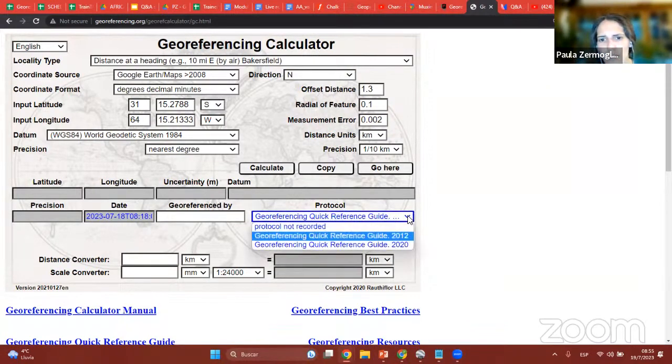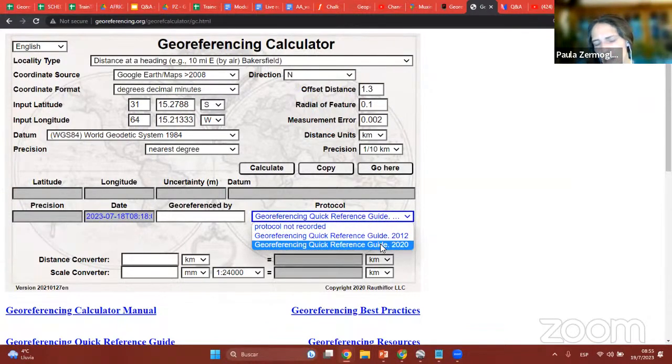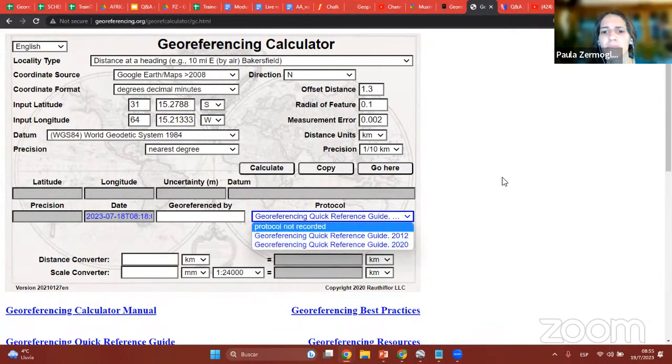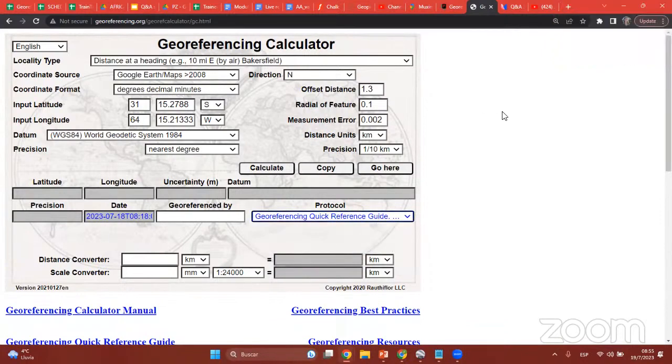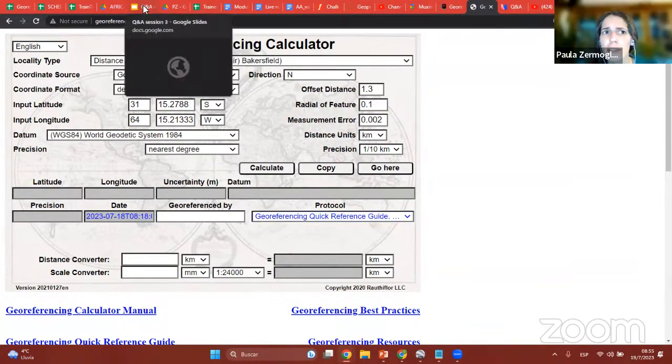If you're using the new one, you should cite that other one. If you were using some other protocol, you should give the citation or the reference of that protocol. In this course, we're using the Georeferencing Quick Reference Guide 2020.